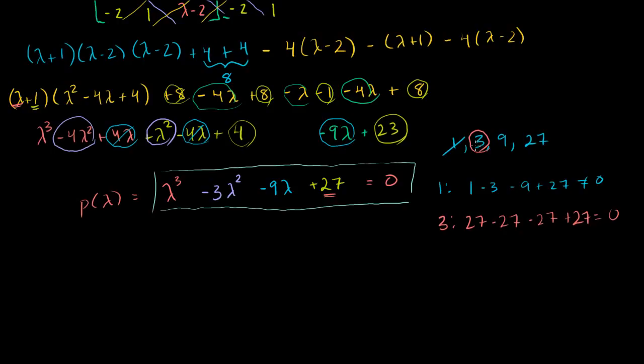So lucky for us, on our second try, we were able to find a 0 for this. So if 3 is a 0, that means that lambda minus 3 is one of the factors of this. So this is going to be lambda minus 3 times something else. So let's see what the other factor is.